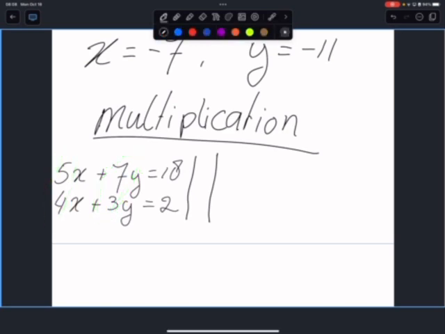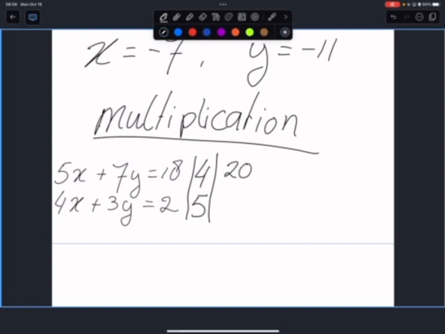It's up to you. I will choose 4 and 5, meaning I need the lowest common multiple of 4 and 5, which is 20. So I multiply the top equation with 4, and I multiply the bottom equation with 5.